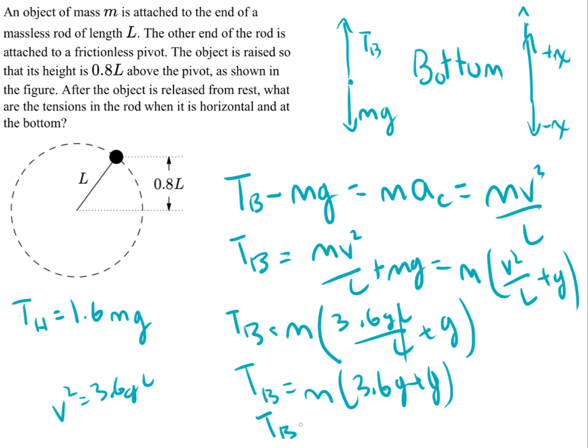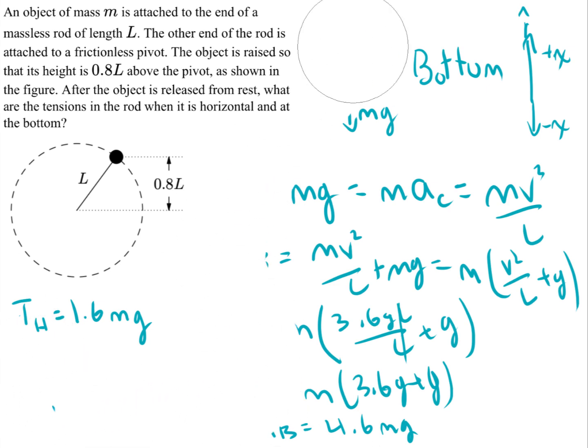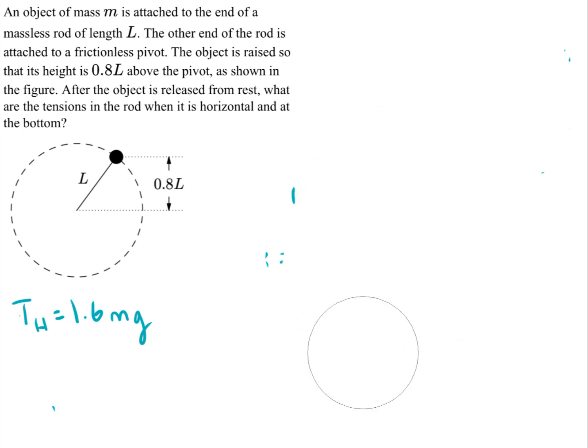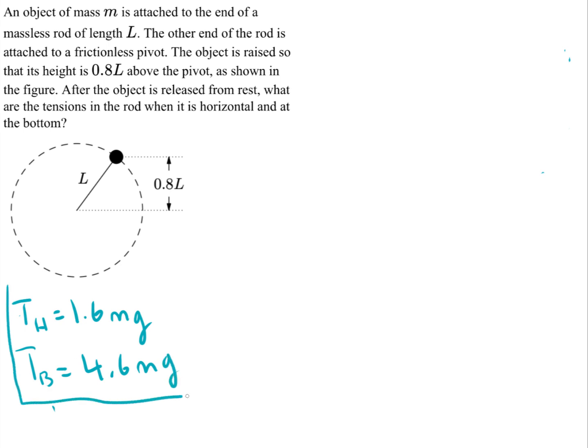And the tension at the bottom is therefore equal to 4.6 mg. So you're adding the two g's together. So the tension at the bottom is equal to 4.6 mg. So when the object is at the bottom, it will be experiencing a tension that is 4.6 times its weight. And that is how you would solve this problem here.